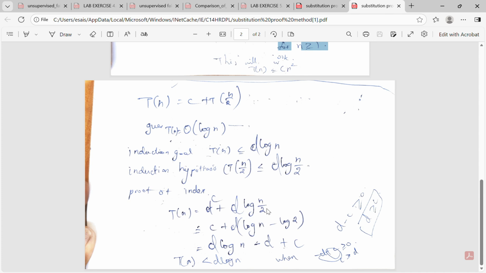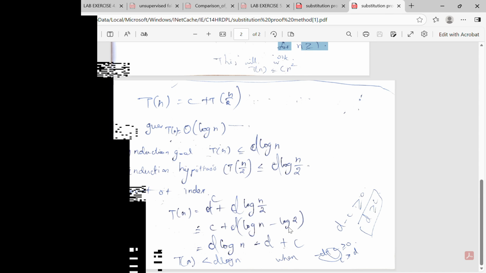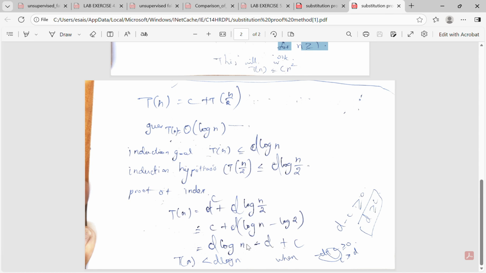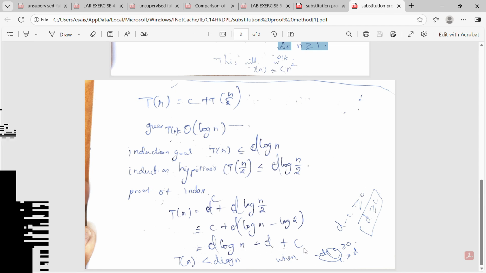Log a by b means log a minus log b, so log (n/2) is log n minus log 2. When we multiply d inside, we get d log n minus d log 2. The log 2 value is 1, so we have d log n minus d plus c.